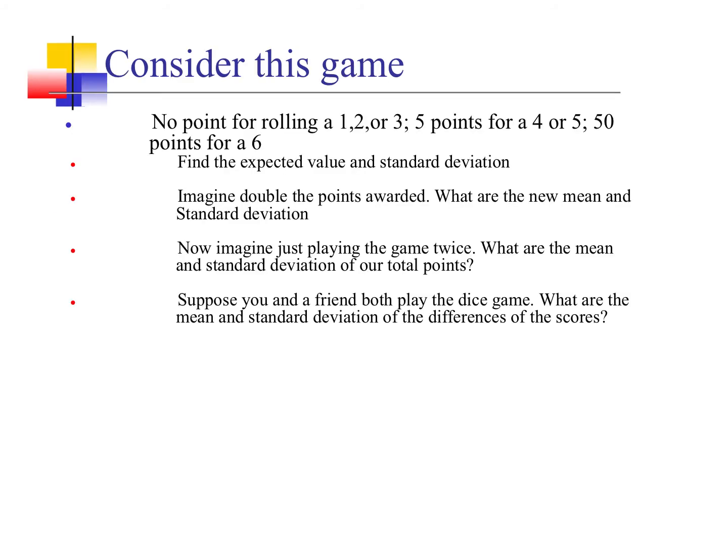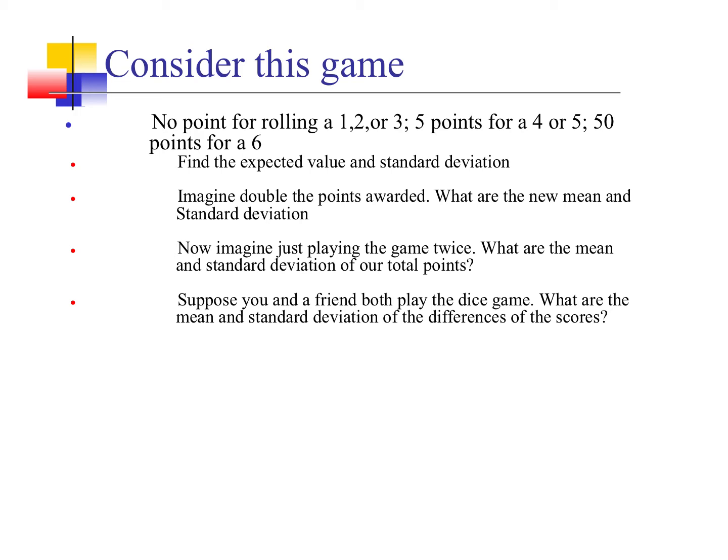Consider this game. No points if you roll a 1, a 2, or a 3, 5 points if you roll a 4 or a 5, and 50 points for a 6. We're going to use this game to create a probability model and then find the expected value and standard deviation and talk about the different concepts that we looked at in the vocabulary section.